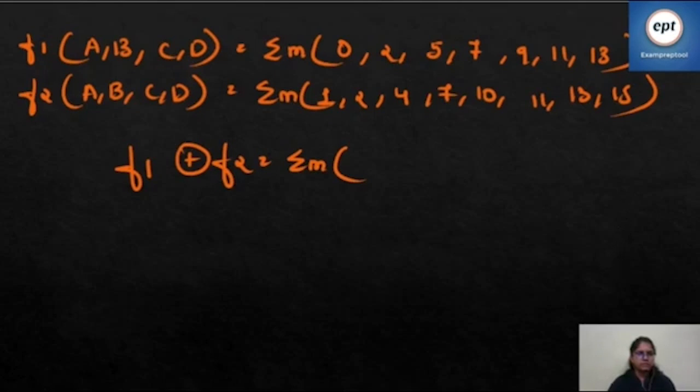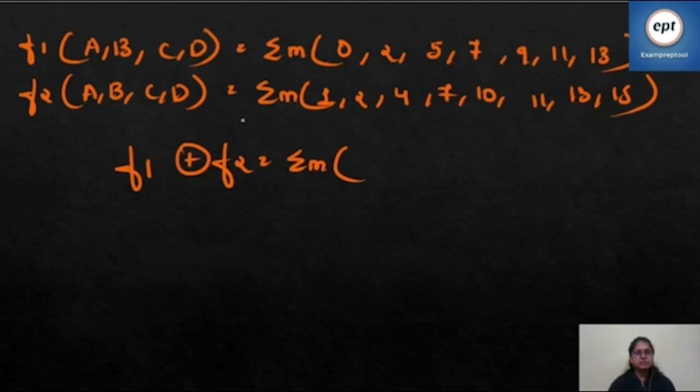Okay. So in XOR, if you have function 1 and function 2, whatever values are common, you have to exclude. Here I guess one value is missing.